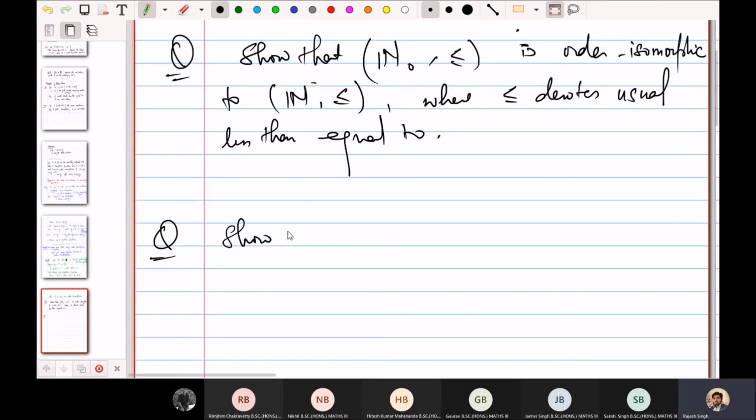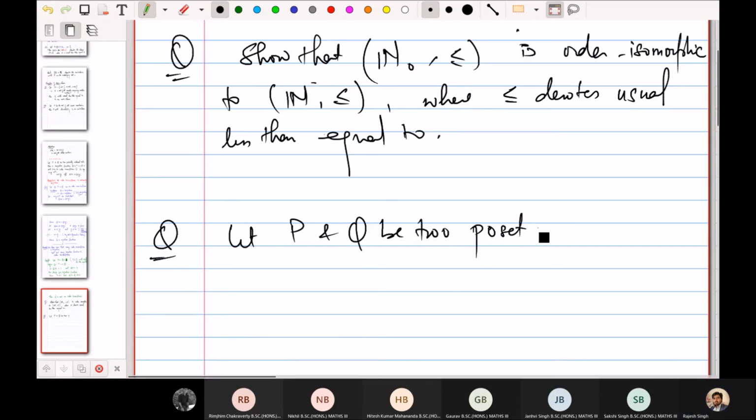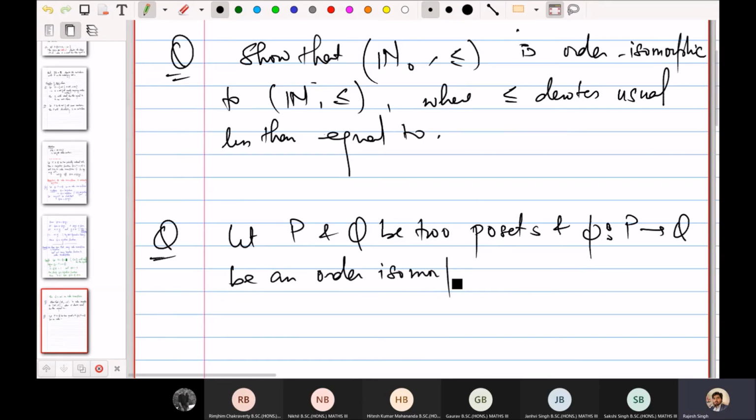Show that let P and Q be two posets and phi from P to Q be an order isomorphism.